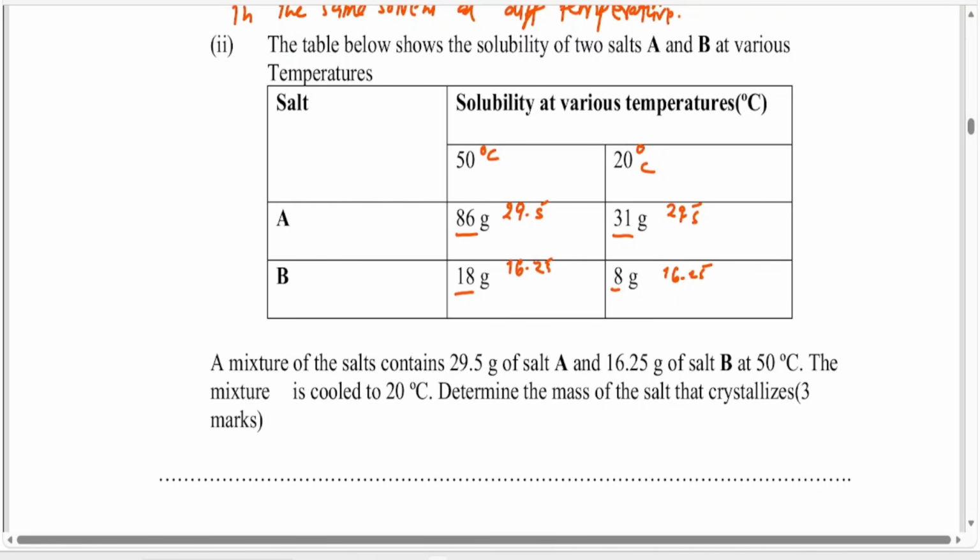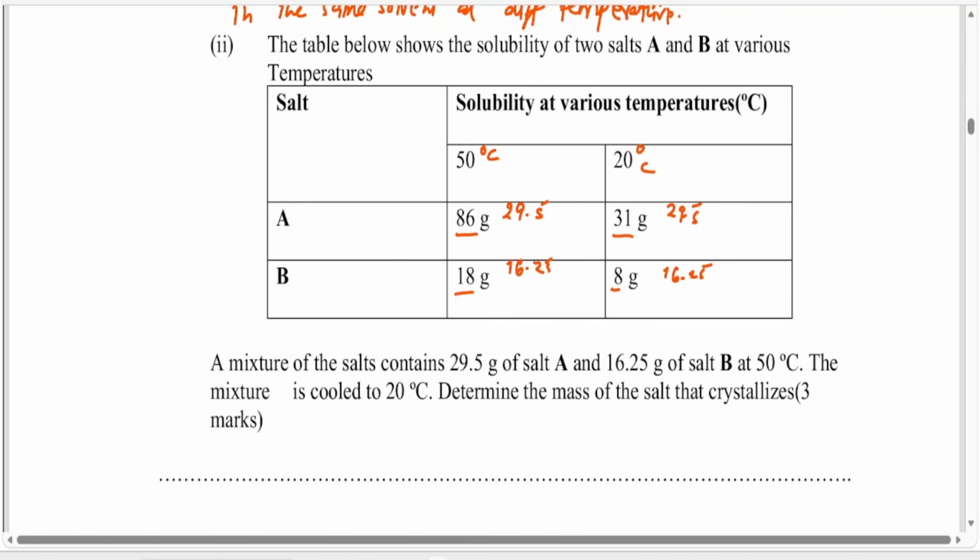Determine the mass of the salt that crystallizes. So having written the masses of the mixture at the respective solubilities, I want us to begin with A.